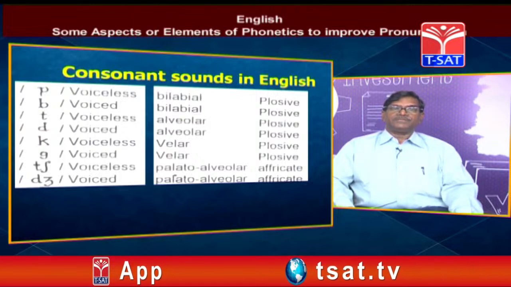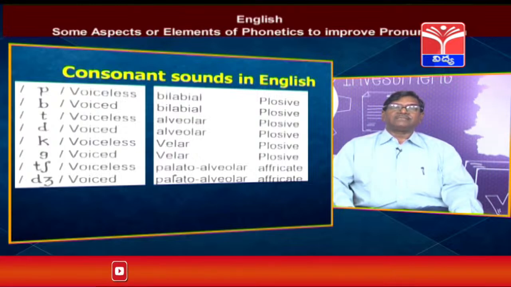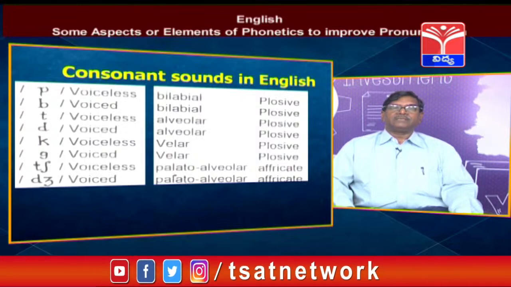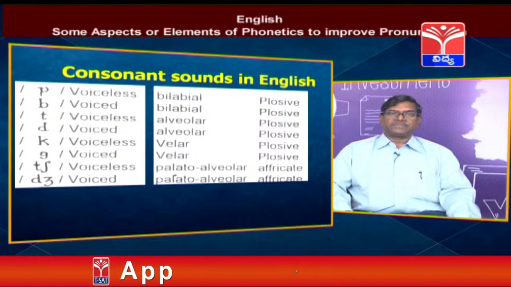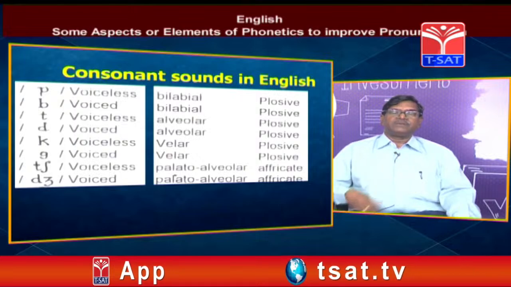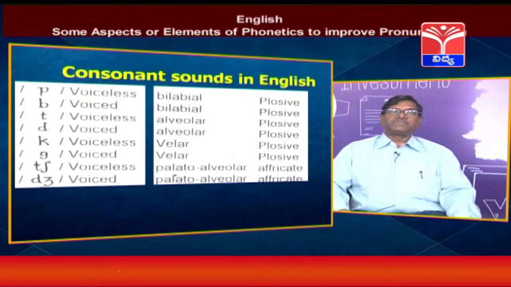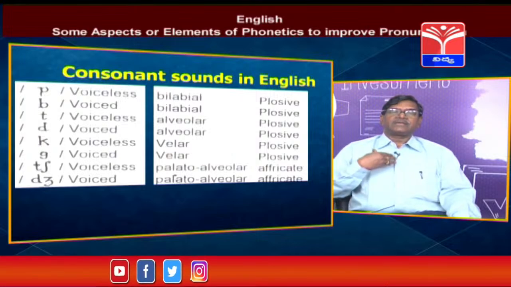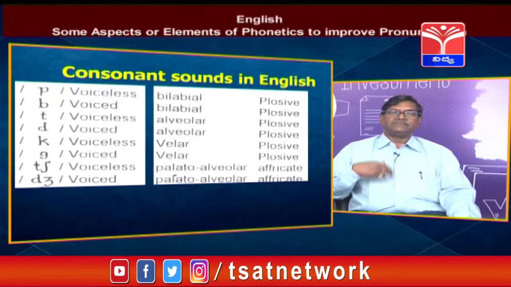Ch, J. One is voiceless sound, the other is voiced sound. P, B, T, D, K, G. These 6 sounds are called plosives because air comes out all of a sudden. Then comes Ch, J. So, air comes out slowly.